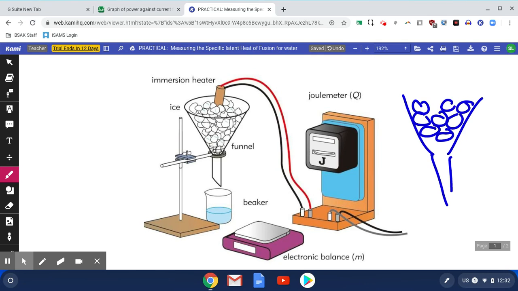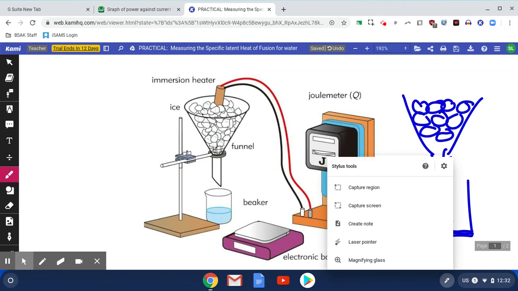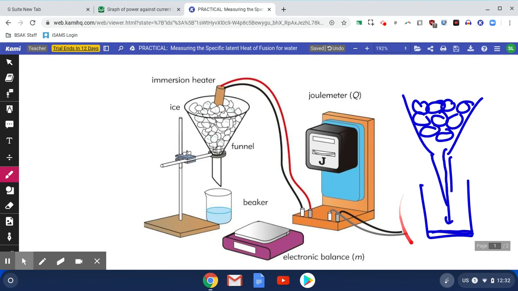So we have a second one just sat there collecting, and that's going to have ice melting due to just the room temperature itself. So that's why we had the second one, so that we could subtract the mass of water collected there from the mass of water collected there. And that should give us the mass of the water melted by the heater itself.